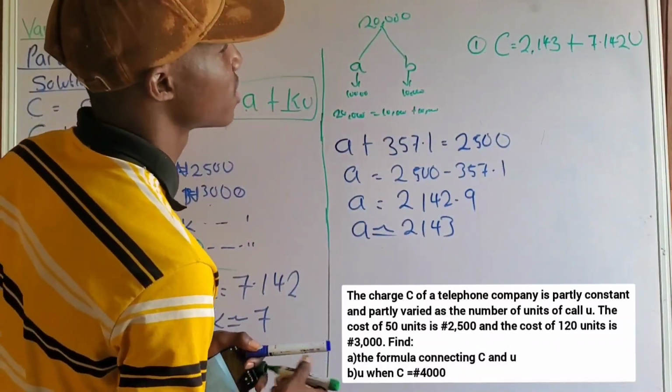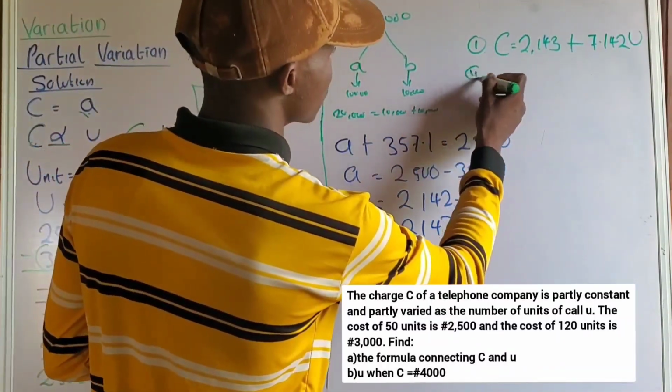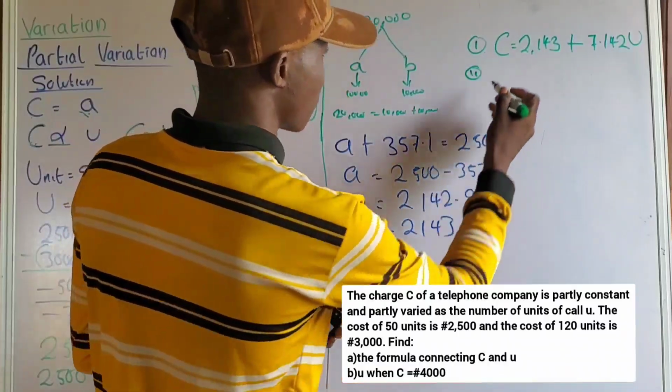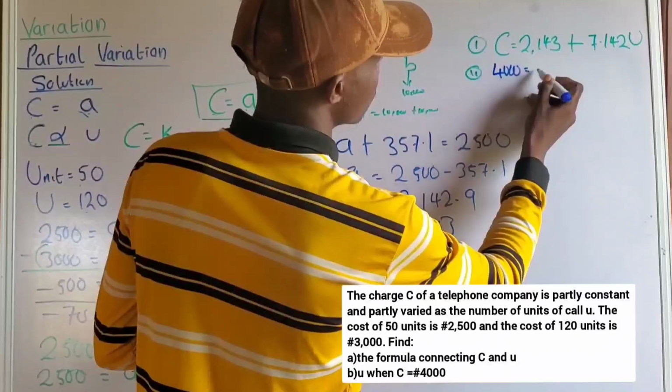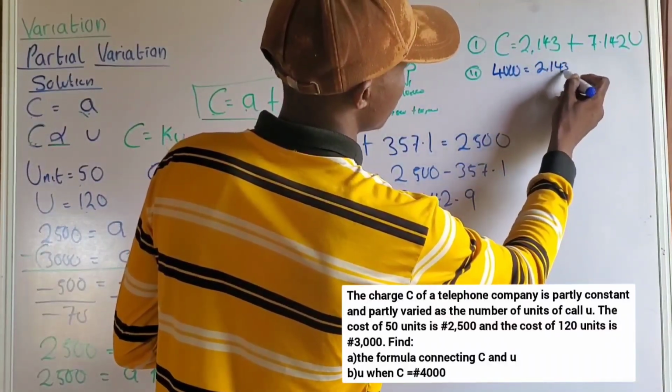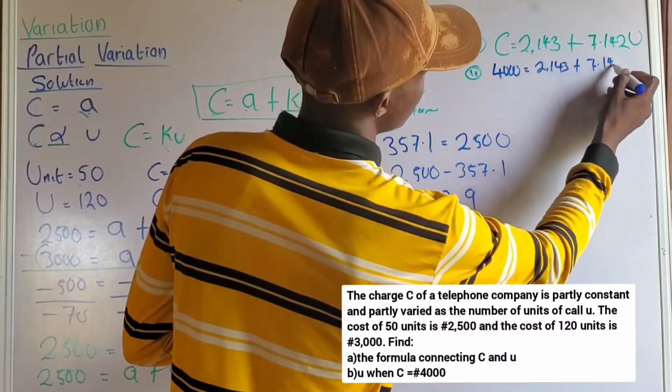So C is now 4,000. I'm going to have 4,000 equals 2,143 plus 7.142U.